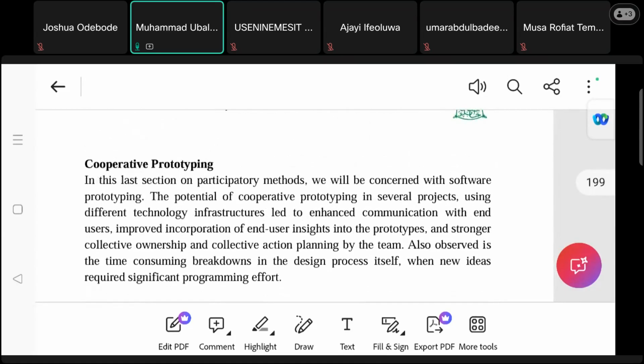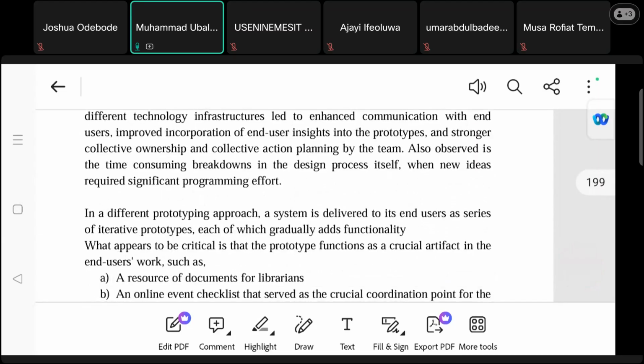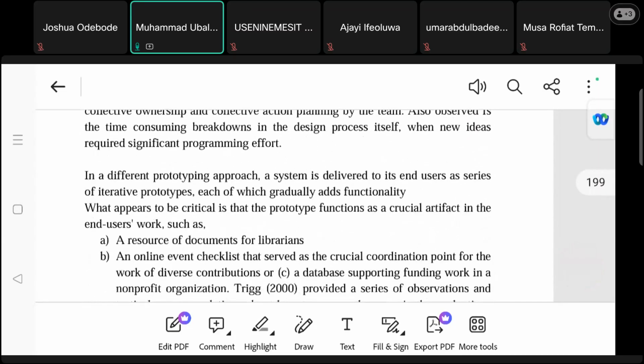And we say it is cooperative prototyping because it uses a high level of tech and the benefits are way more than those of low tech prototypes.